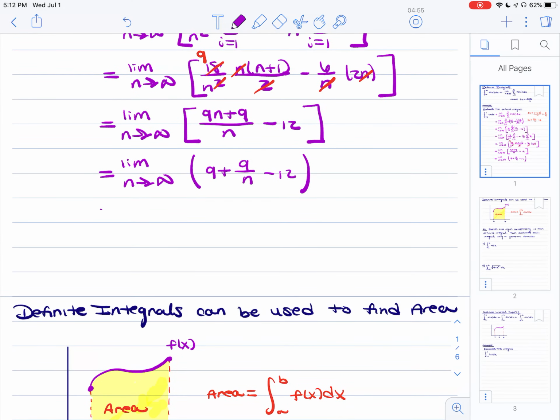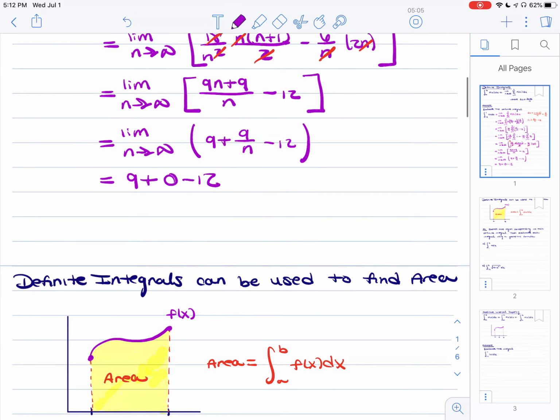All right, so then taking our limit, this would be 9 plus, this guy would go to 0, minus 12. So that whole thing would come out to -3.